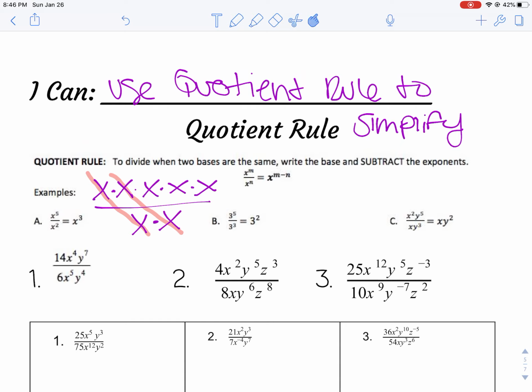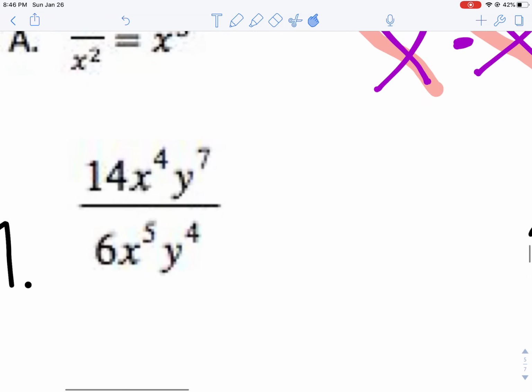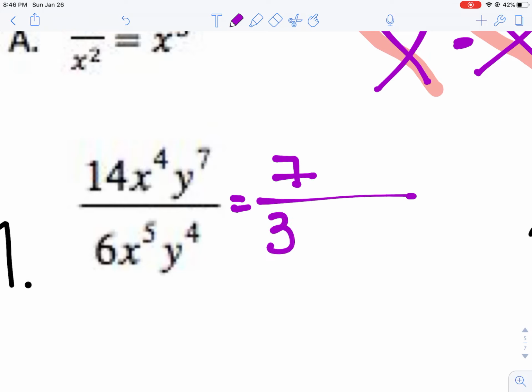Okay, if you look at number 1, we have division. 14 divided by 6, they are both divisible by 2. So we have 7 when I do 14 divided by 2, and 6 divided by 2 gives me 3. Now that's as simplified as that can get.